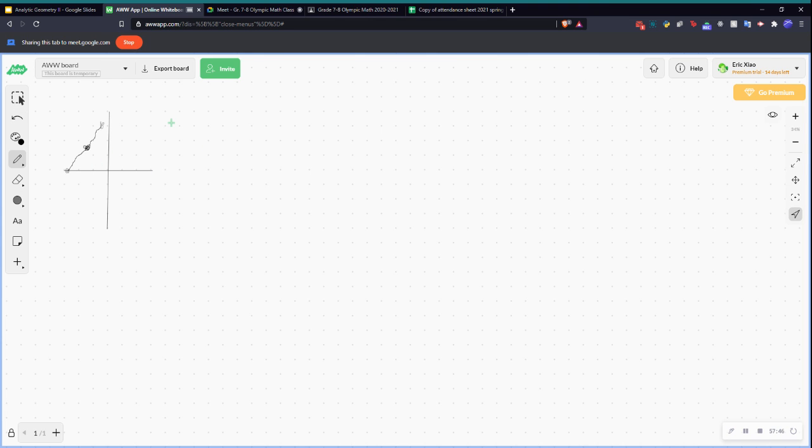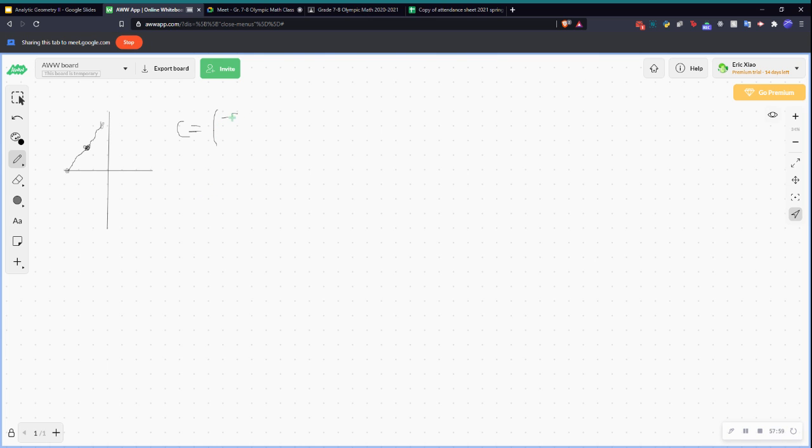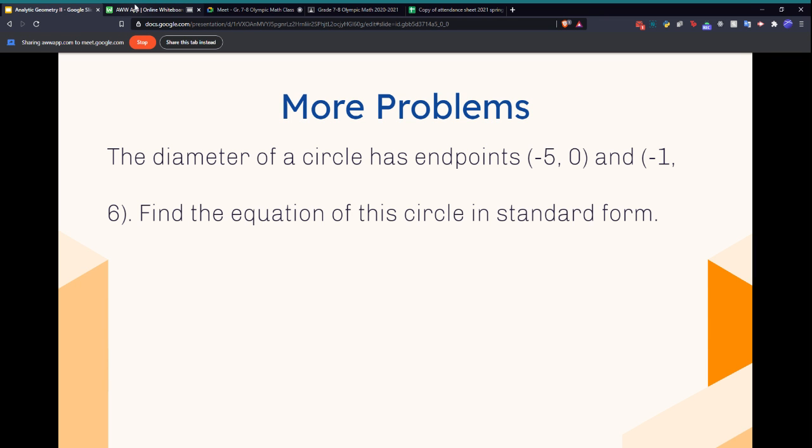Let's call the center C. So I want to find the coordinates of this. Basically what we do is add the x coordinates and add the y coordinates and divide those by 2. So we have -5 minus 1, those are the x's, divided by 2.